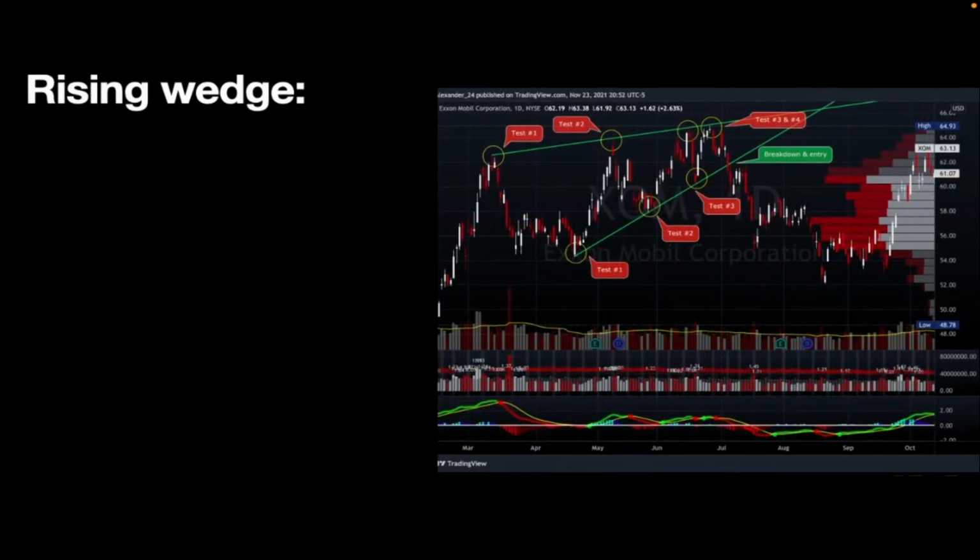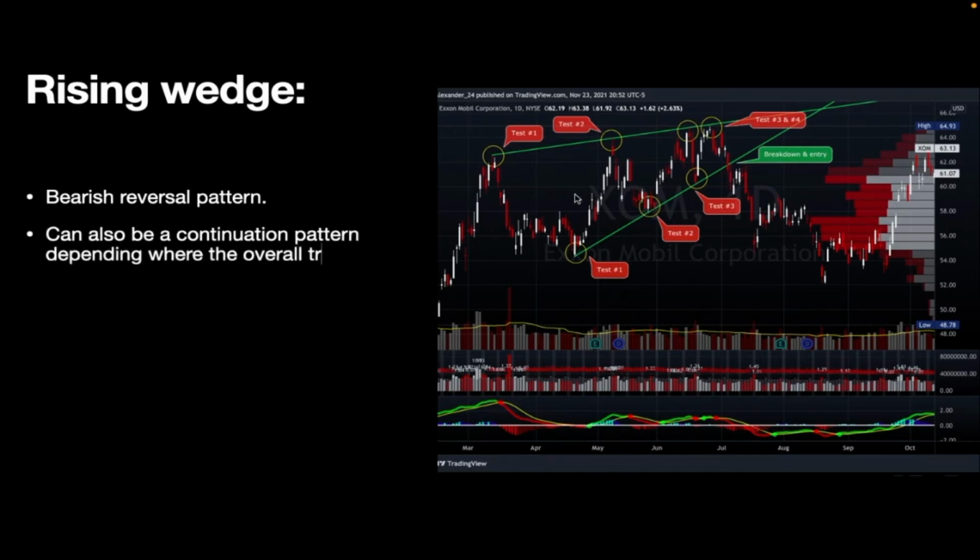Alright, now we're getting into our first bearish pattern, which is a rising wedge. So this example is a bearish reversal pattern. This is taking a direct reversal. Can also be a continuation pattern depending where the trend is.